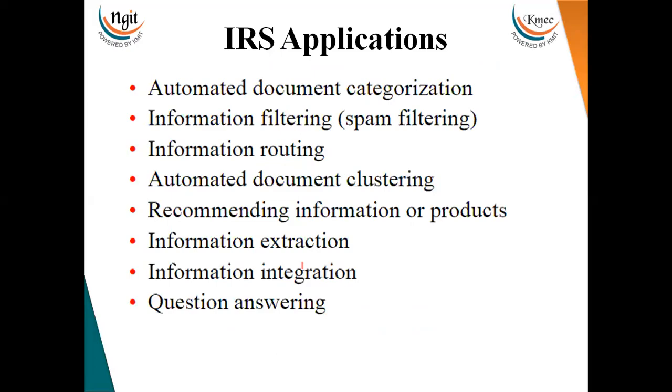Now, what are the applications of this information retrieval system? The first one is to categorize documents, meaning based on their area or domain, the documents will be categorized. Information filtering: unwanted information I don't want, which is called spam filtering. Information routing means directing the information correctly.